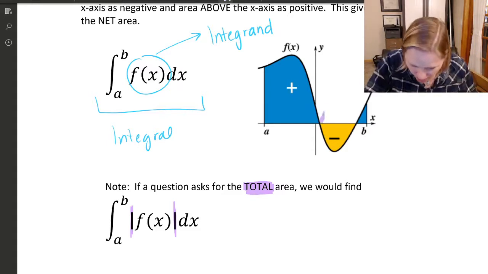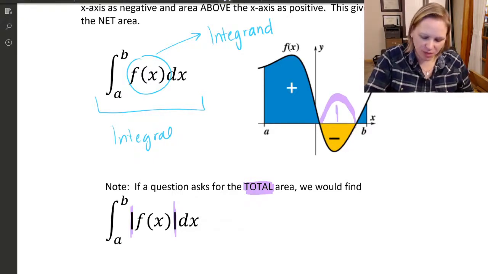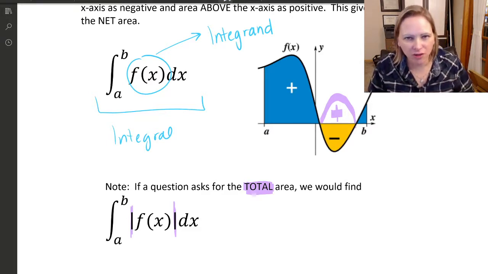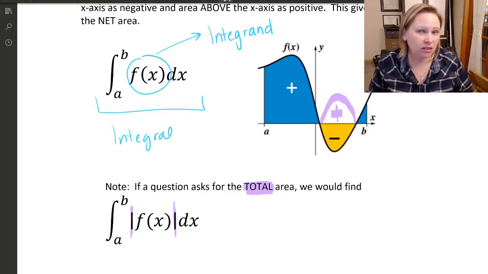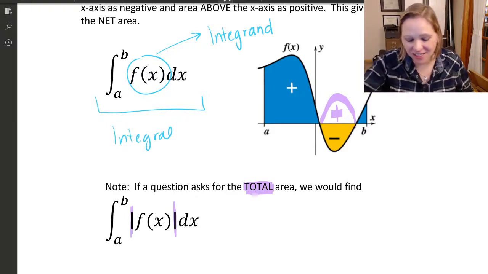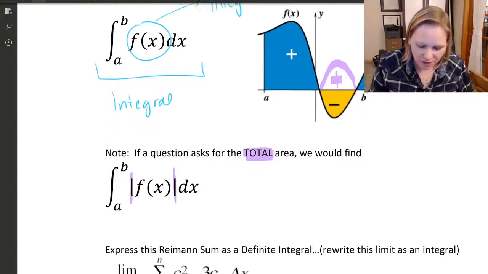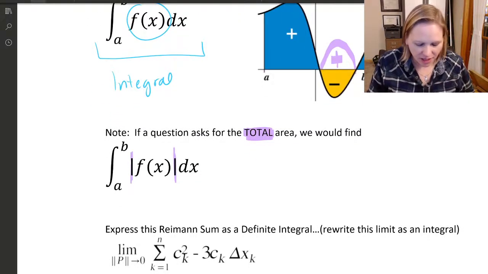Essentially, we could flip any negative area above the axis, and then it would become positive. When we put absolute value bars around a function and graph it, that's basically what happens. If you had an equation for this graph here with the blue and the yellow, and you put absolute value bars around it, that yellow part would literally flip upward, and it would look kind of funky in your graph.